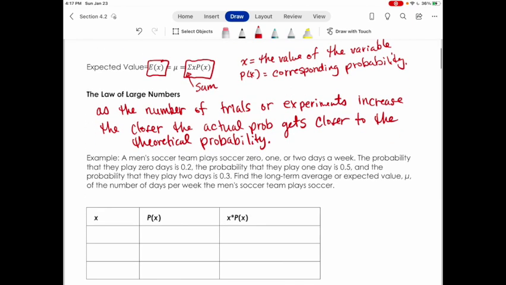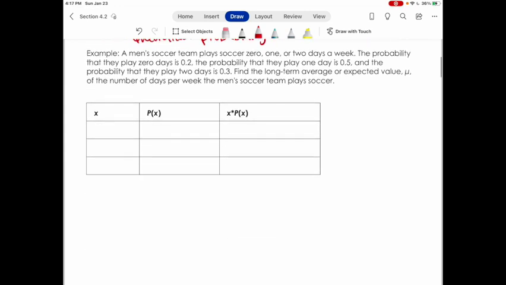Okay, let's actually start walking through some examples now so that you can apply this and see how it works. In the first example, we have a men's soccer team, and it says a men's soccer team plays soccer 0, 1, or 2 days a week. The probability that they play 0 days is 20%.